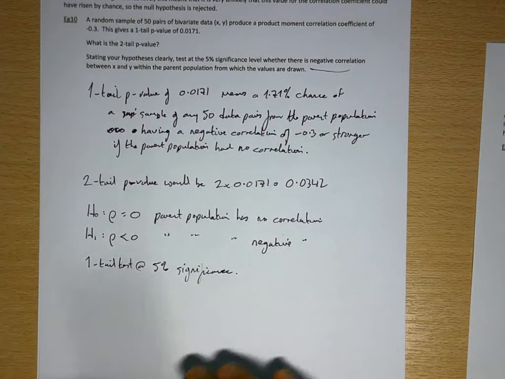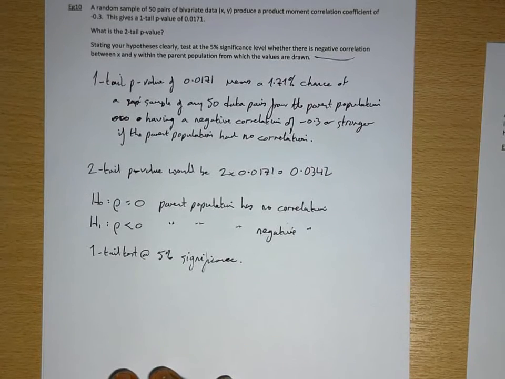So we're comparing our 1.71, our p-value, with this critical region. If the p-value is less than the critical region, then we can reject H0, in the same way we were doing with the calculated means.